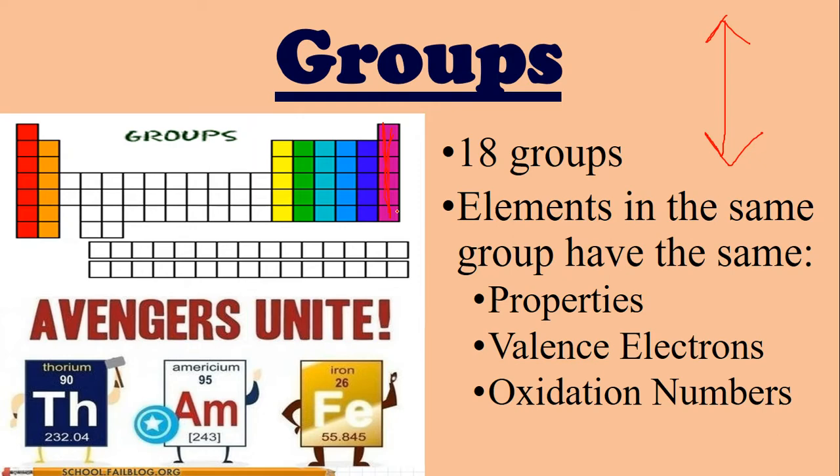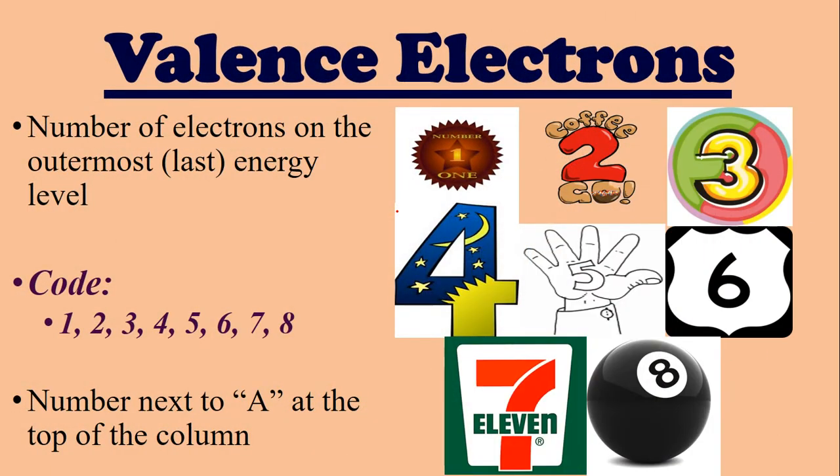All right, speaking of which, valence electrons are the number of electrons on the outermost or the last energy level. I have the saying: the number next to the A at the top of each column. In North Carolina, we have a periodic table that the state gave out, and at the top of each column, they have a Roman numeral next to the letter A, because we only mess with the A's.